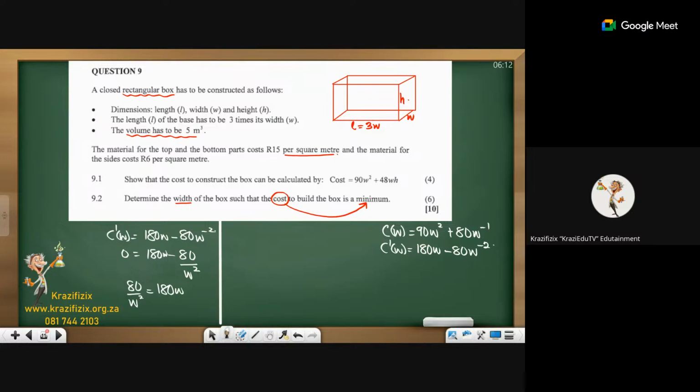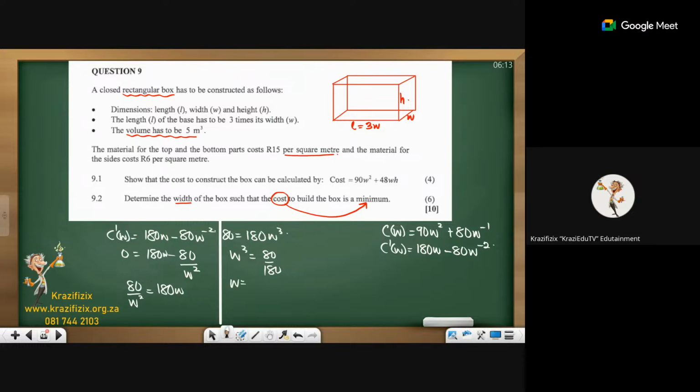And if I cross multiply, what would we get? 80 equals 180W cubed. And from here, I'm sure you know what to do. We can therefore say W cubed will be 80 over 180. And you know that the rest is now history.